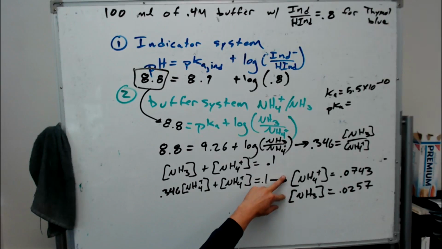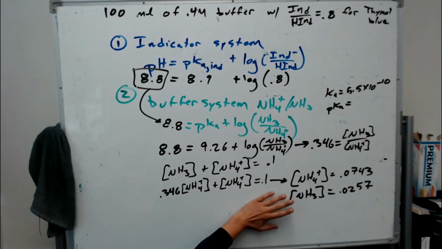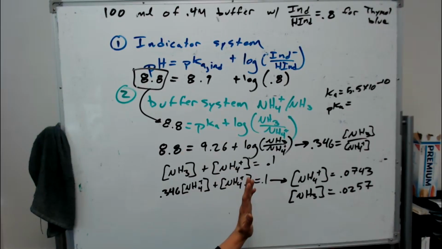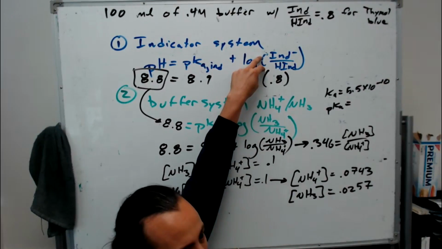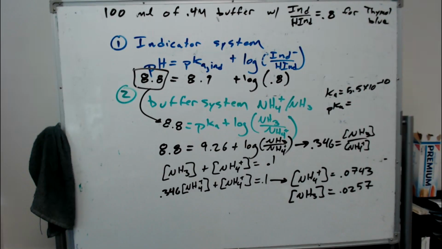I divided these two thinking I should get 0.8, but I'm in a different system, right? This is the NH4, NH3. You shouldn't get 0.8. I should get 0.346, and that's what I got. I'm fine. I just made a mistake in my head.